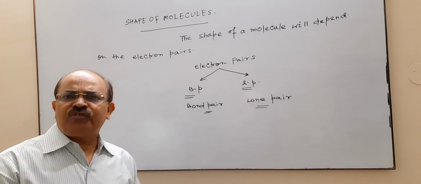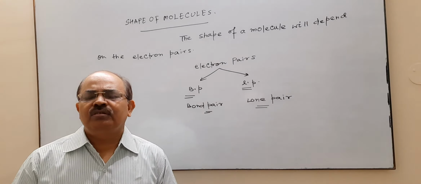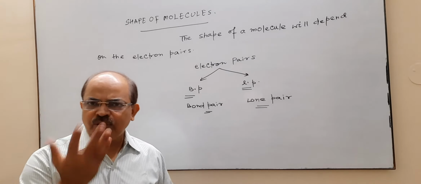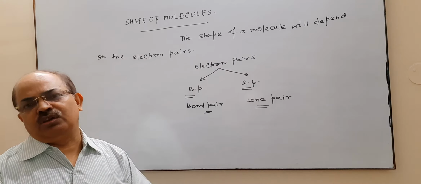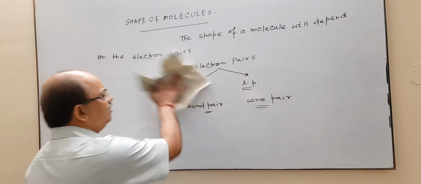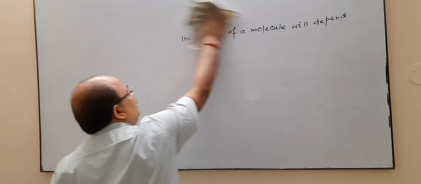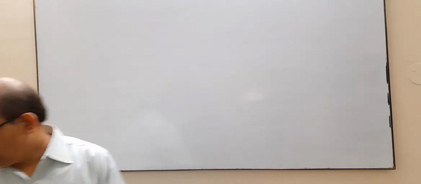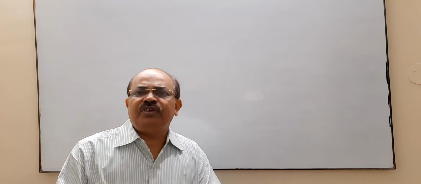Now the question is how we can determine the shape of a molecule, or what will be the shape of a molecule if we have an idea about the number of bond pairs and lone pairs. So let us discuss a table.